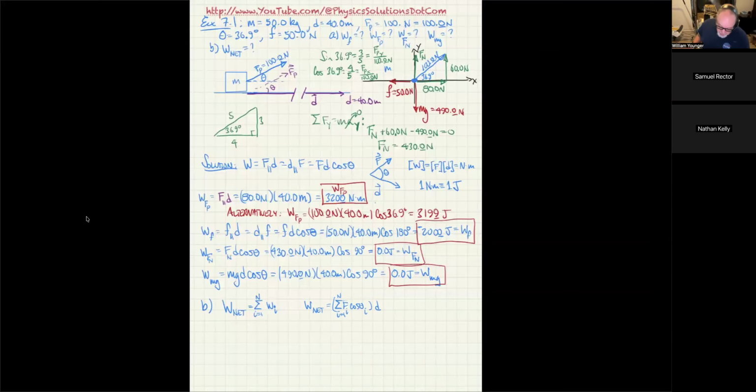Right now, I'm just going to use the leftmost way. So for part B, I'm going to say W net is equal to W FP plus W friction plus W FN plus W mg, which I think you can see is going to be 3,200 joules plus negative 2,000 joules plus 0 joules plus 0 joules, which gives me ultimately just 1,200 joules equals W net, like that.